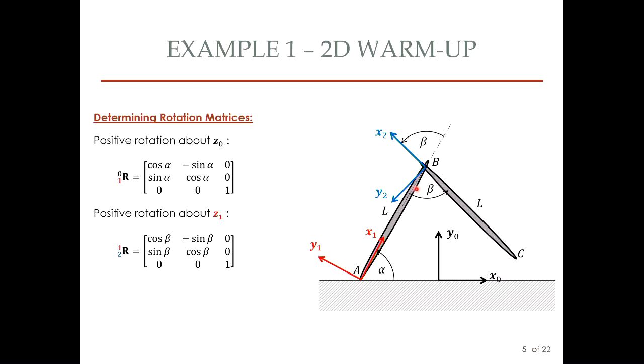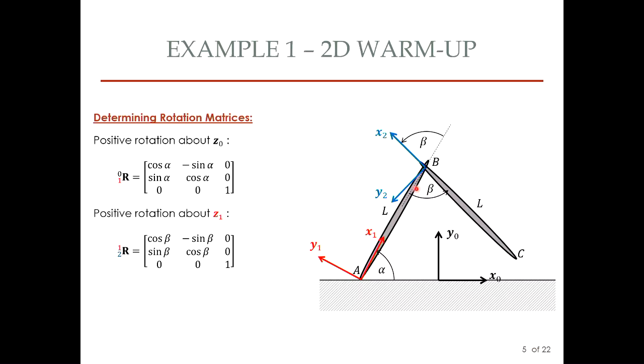So in the exam, for example, if you come up with your own frames, that's fine. But if I give you one, if you are doing a rotation matrix between, say, frame 1 and 0, it has to make sense for all the future derivations you're going to do. So just keep in mind what is given.